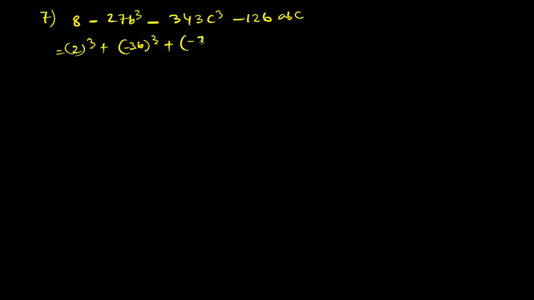Now question number 7. 8 minus 27b cube minus 343c cube minus 126abc. 2 cube, minus 3b cube, minus 7c cube, minus 3 into 2 into minus 3b into minus 7c.